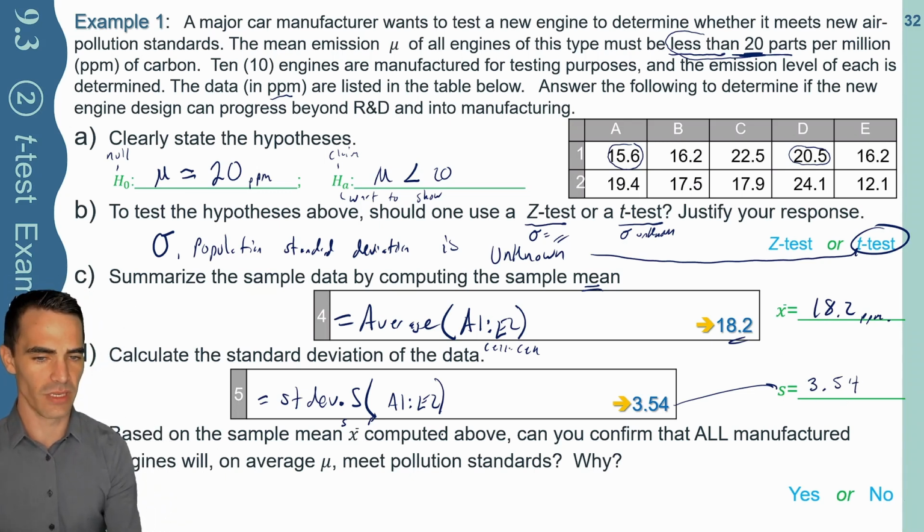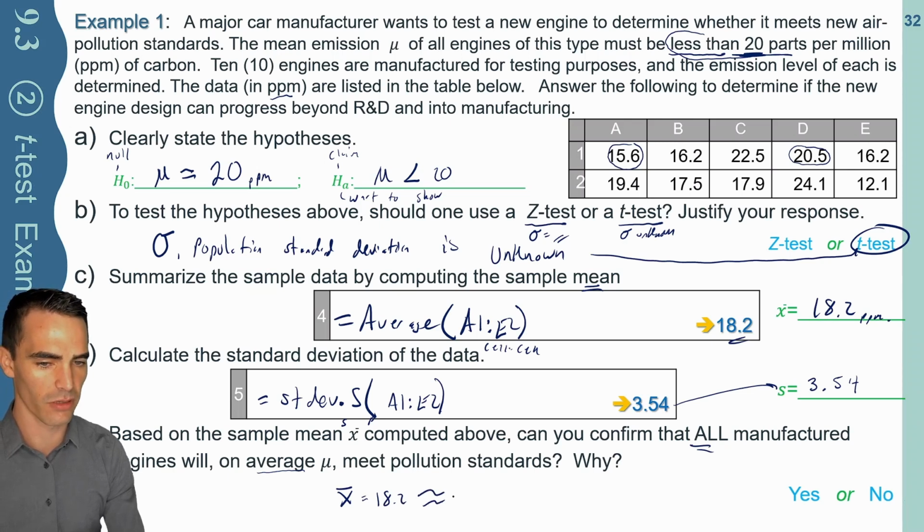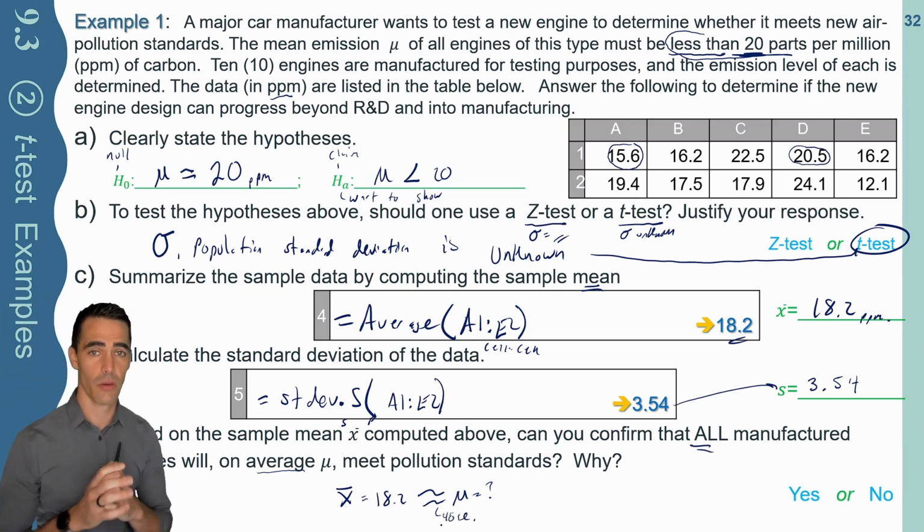Based on the sample mean computed above, can you confirm that all manufactured engines will, on average, meet the pollution standards? This idea, average and average, we had a sample mean of 18.2, and ideally this is pretty darn close to the population mean, which we don't know. Close. But how close? That is, well, it's actually a different job.